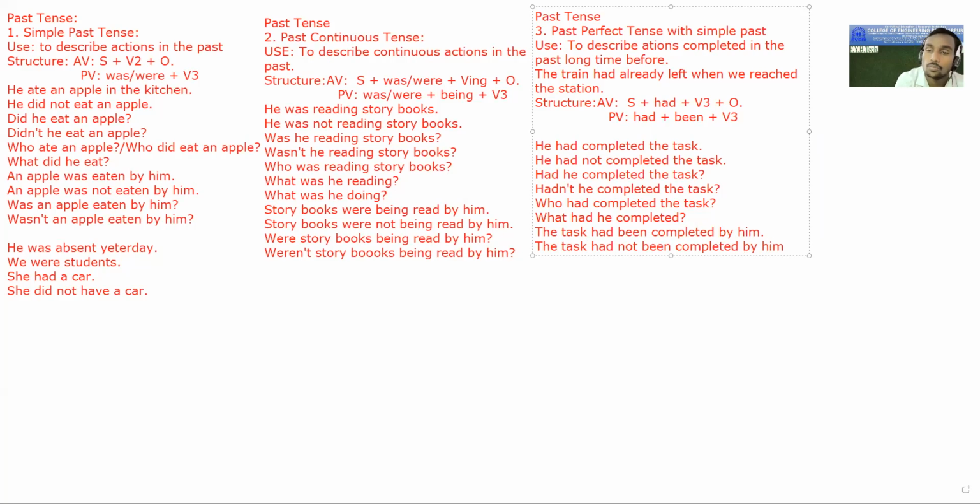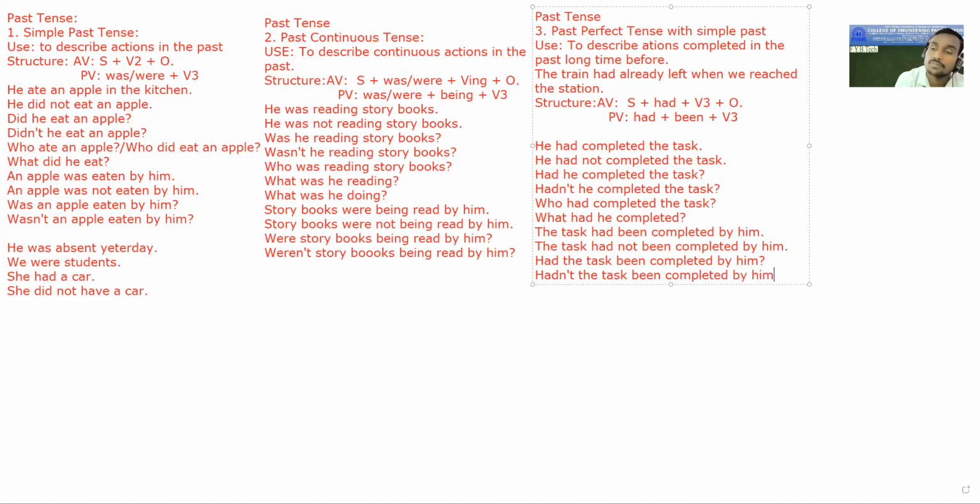And if you want to make a verbal question in passive, it will begin with the helping verb, had. Had the task been completed by him? That became your question. And negative: hadn't the task been completed by him?